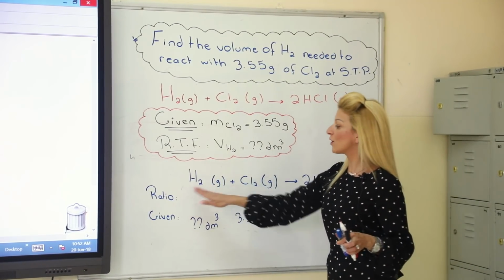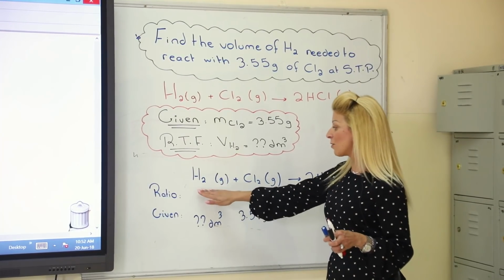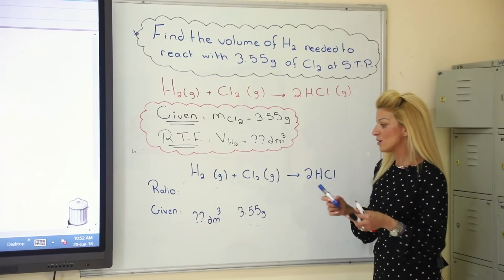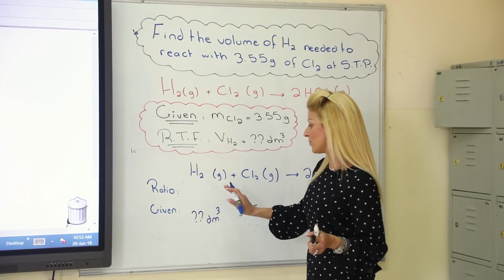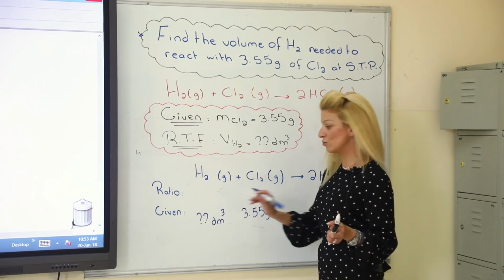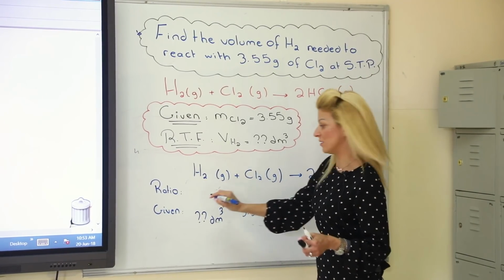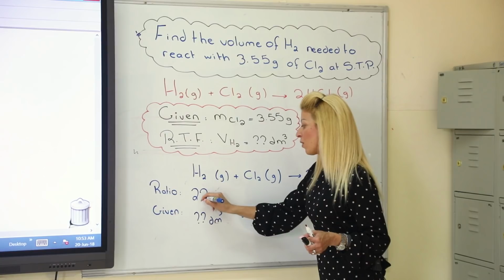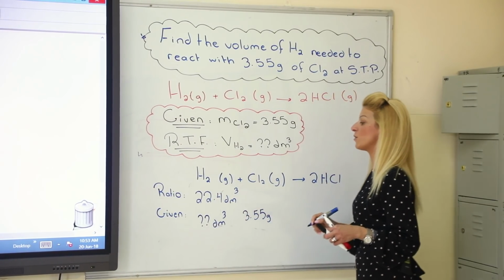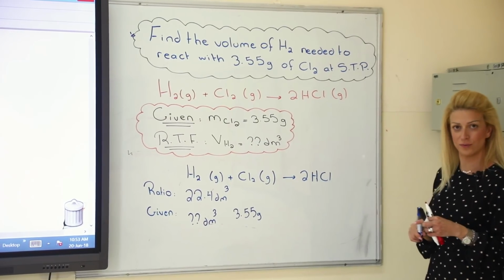So we go to our equation and we write our most convenient ratio in the same units as the given. Under hydrogen, we write the volume of 1 H2 at STP. The volume of 1 mole of a gas at STP is 22.4 decimeter cubed.